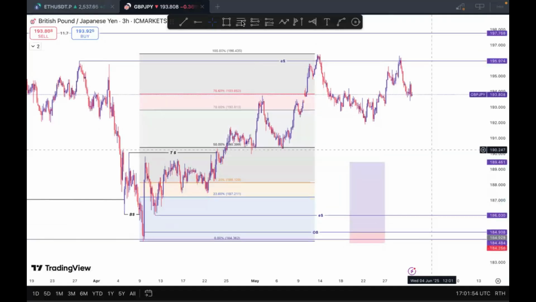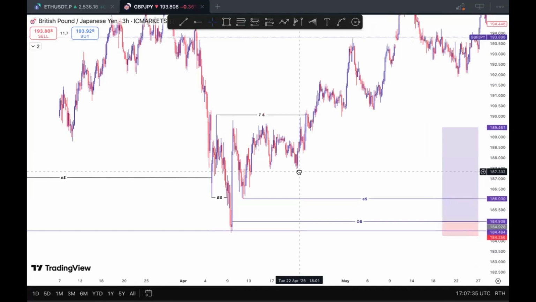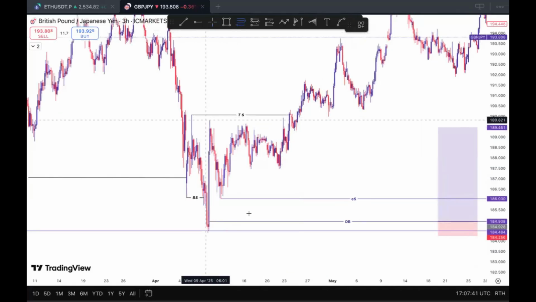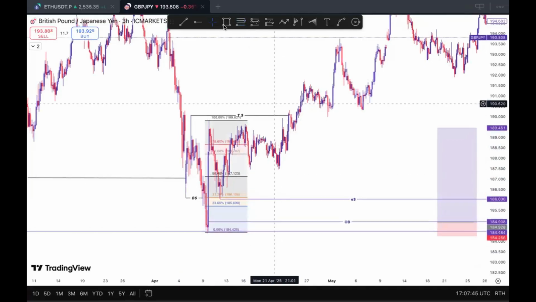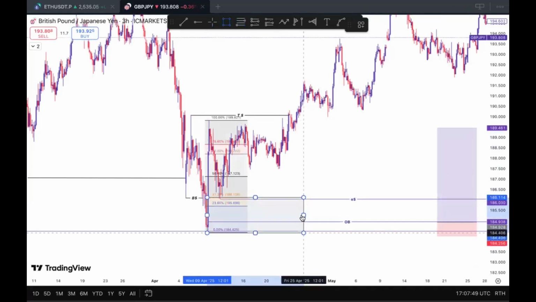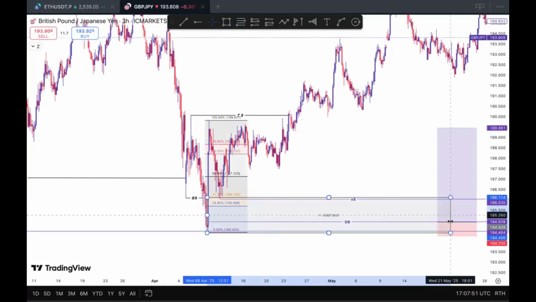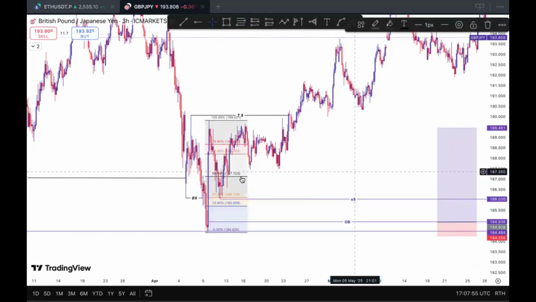So anything buy, I can buy from here. If I want to buy, I'm going to place my Fibonacci tool from here. Boom. So anything from this zone is a good place to buy. That's it. Do you understand it?